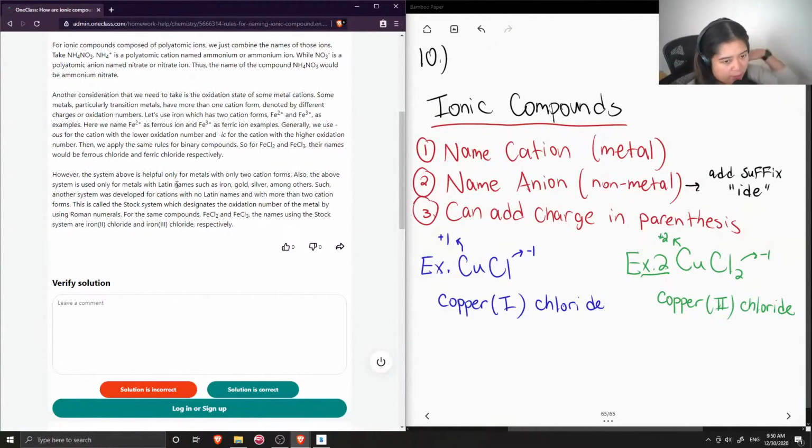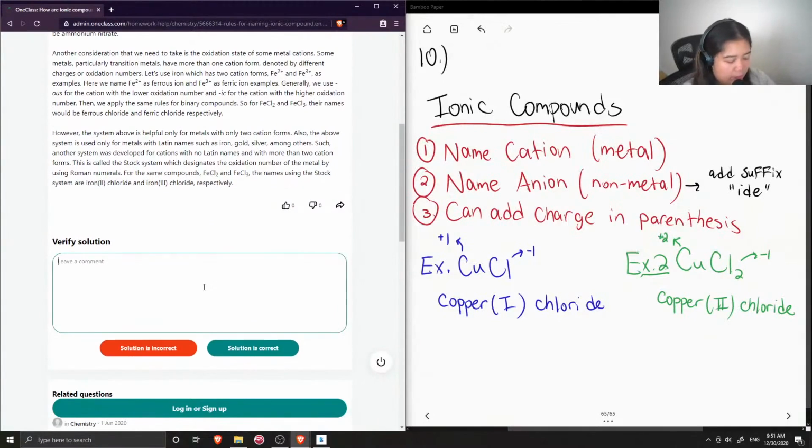So I always found it easier to just do it the Roman numeral way, since it's still correct and you don't need to deal with the ferrous and the ferric. So these are their examples for the same compounds, iron(II) chloride and iron(III) chloride respectively. Yep, so the solution is correct.